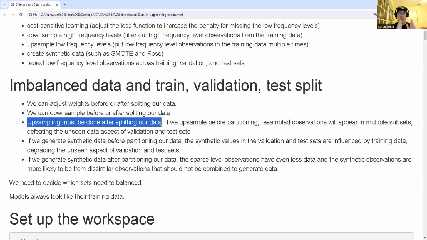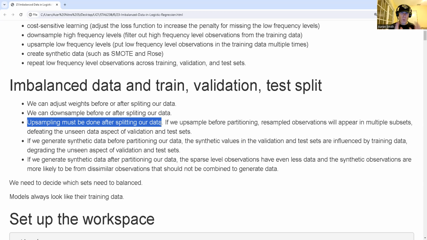If I upsample before I split, I am practically guaranteed to have duplicate observations across the partitions. If I have an observation in the training set and its duplicate is in the validation or the test set, then those duplicate observations are killing the unseen aspect of validation data and test data.